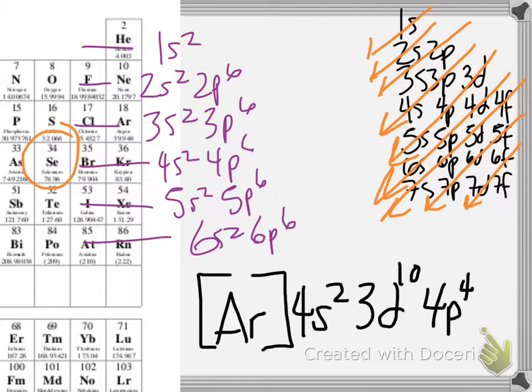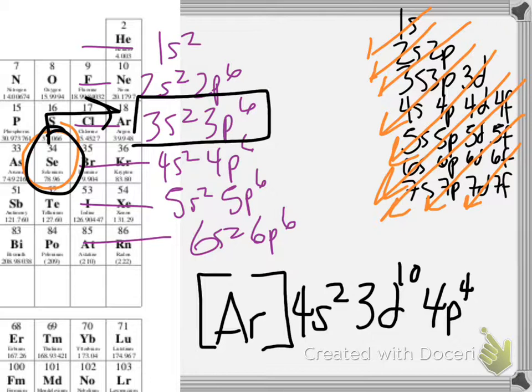Okay. Let's walk through the solution to this one first. Because selenium is here, I'm going to use argon as my noble gas. Good with that? I know that argon ends at a 3p6. Now I look at my filling diagram and say, if I ended on 3p, what do I fill next? I fill 4s.